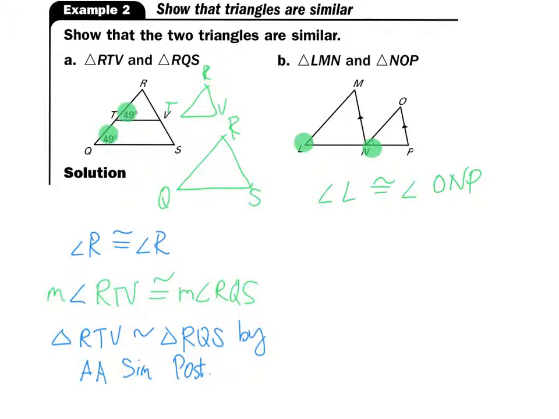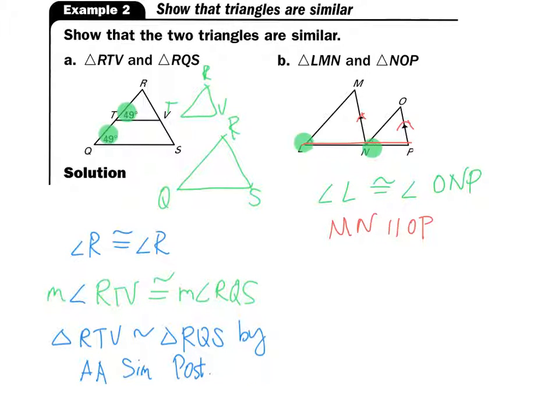However, notice these two arrows. The arrows tell us that MN is parallel to OP. When we have parallel lines and a transversal, like LP, for example, it cuts through the lines and creates different interesting congruent angles, or supplementary angles if we find same side interior angles, right?